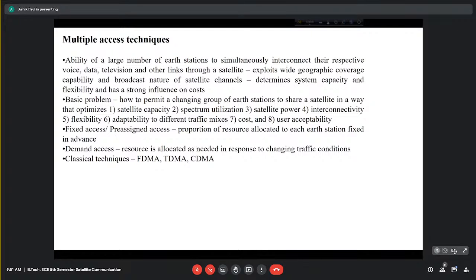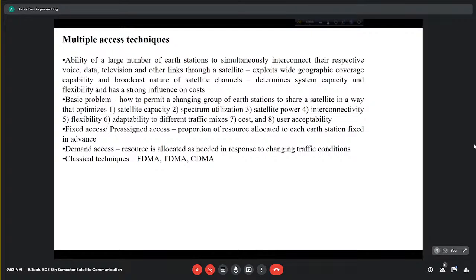But if we have a fixed access or a pre-assigned access, then because the proportion of time, or the number of carrier frequencies or bandwidth allocated to a particular Earth station is fixed in advance, there is no way that we could dynamically assign them to other Earth stations that may need them, like somebody doing business with the Middle East or Southeast Asia.